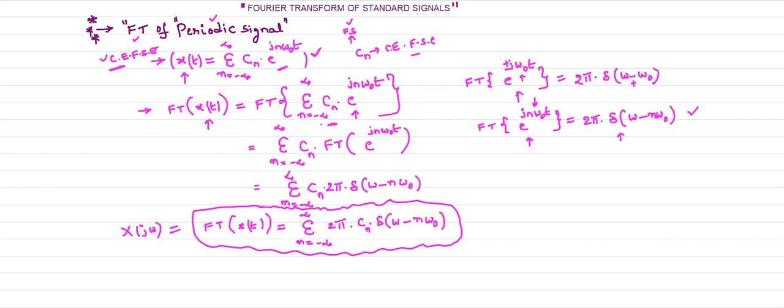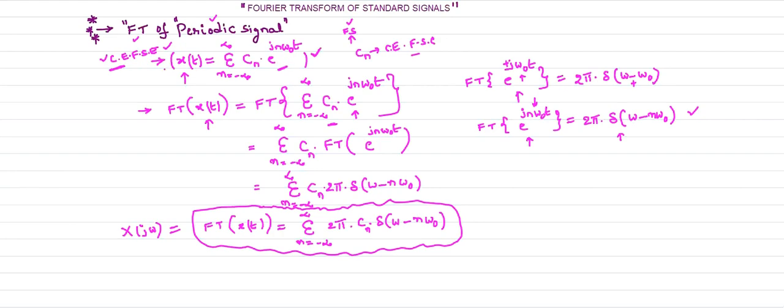Very simple. I want to find the Fourier transform of the periodic signal. First you should know what the periodic signal is. You already know the periodic signal x of t, and you already know the complex exponential Fourier series expansion, how to represent your x of t using it.